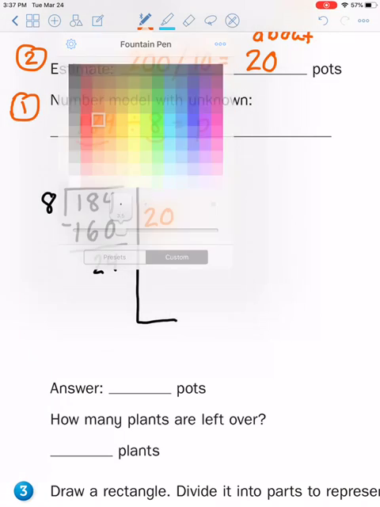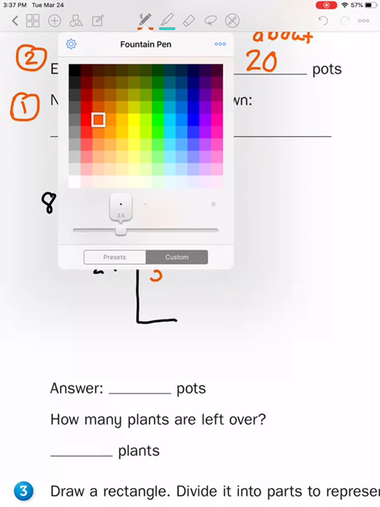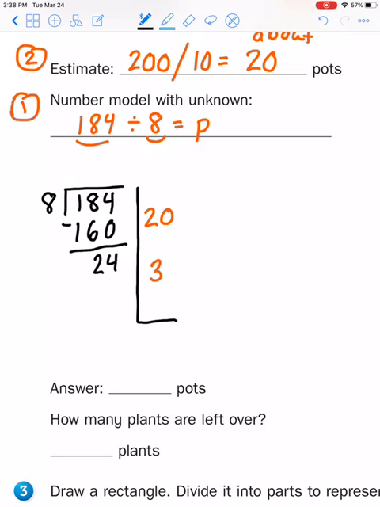And I know that 8 times 3 is 24. So I can make another 3 groups of 8. And that's great.